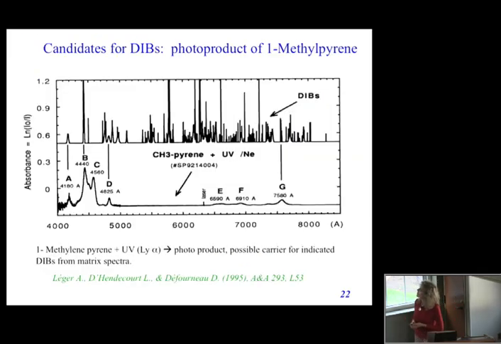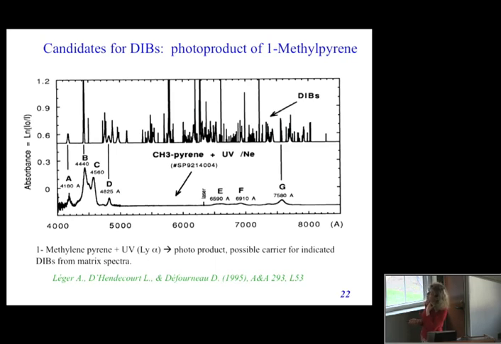So one candidate we studied, of course this is not C96, so we started with much smaller, is methylpyrene, because it was proposed some years ago as a possible candidate for the famous 4430 angstrom DIB. And actually a photoproduct of methylpyrene was proposed.